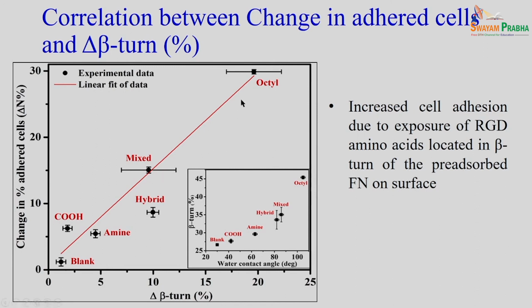What it suggests is that the RGD motif is located in the beta turn, and with the increase in the delta beta turn, there is an increase in the delta n. So, this gives insight into how pre-adsorbed protein will be helpful for cell adhesion. Also, from the change in the secondary structure, we should be able to understand how it is going to affect the cell surface interactions.